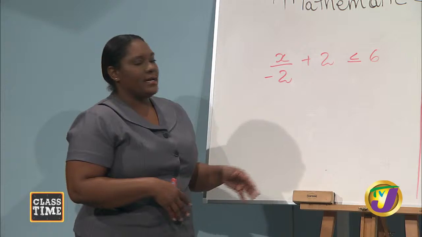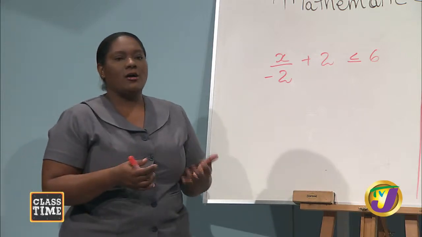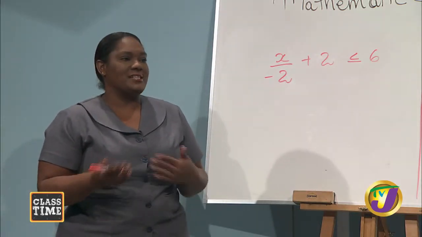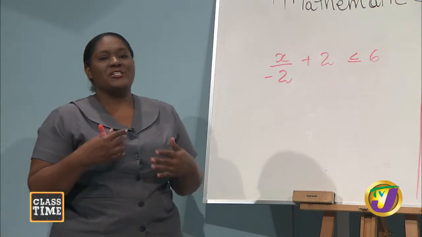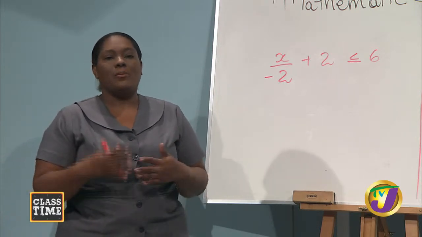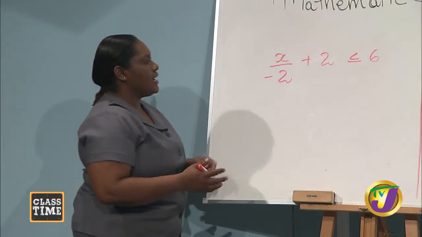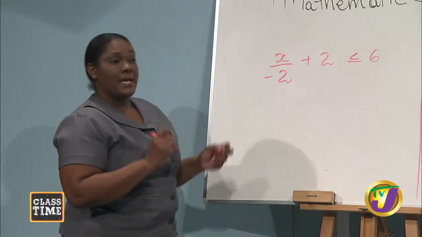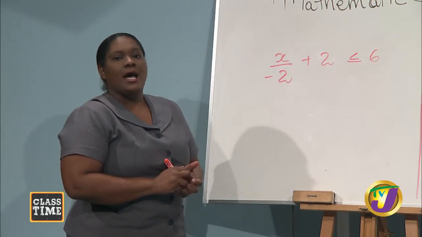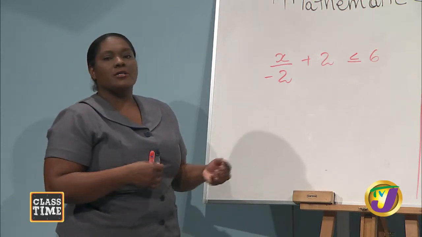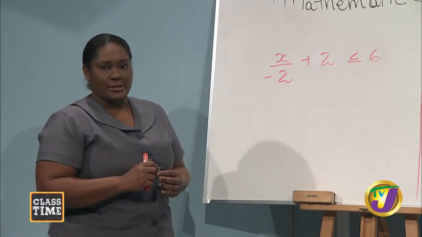Okay. Right. So let's move ahead and viewers, don't be confused. It's simple, just as what we would have been doing before. We just need to pay attention to the operations that are being carried out in the inequation. All right, so we are going to be making x the subject of the formula, and while we are doing that, we are also going to be grouping like terms.